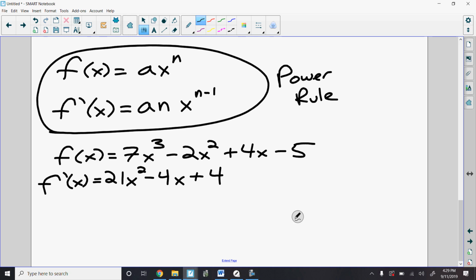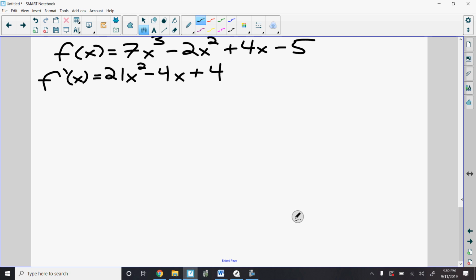Now, question 5 on the homework was this. You're going to say, well, I can't use the power rule here. Well, you'd be wrong. You can use the power rule here. You just have to put it in ax to the n form, our general form.